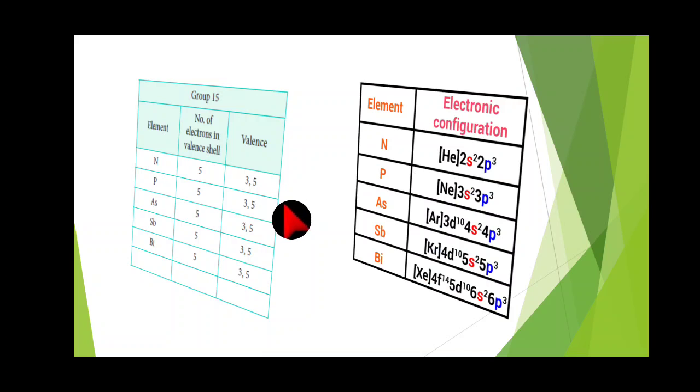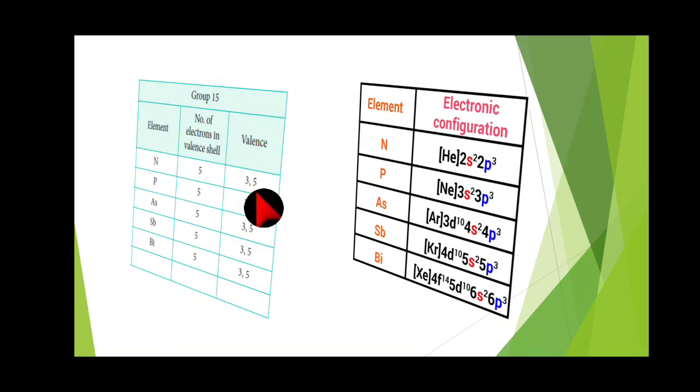For example, when we write the electronic configuration, nitrogen ends with 2s2 2p3, and phosphorus 3s2 3p3, arsenic 4s2 4p3, antimony 5s2 5p3, bismuth 6s2 6p3. Releasing 3 electrons is possible and 5 electrons is also possible. So the 2p3 electrons will come out, or the 2s2 electrons will come out.